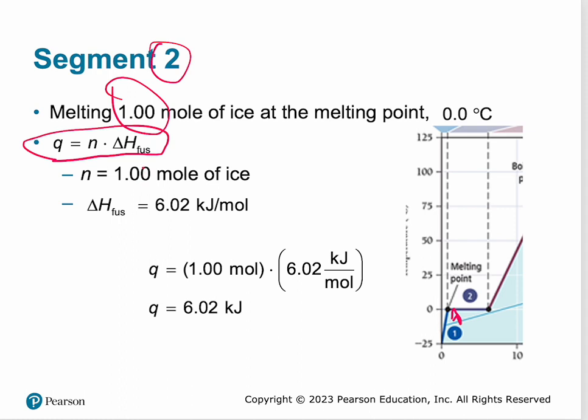So N again is 1, delta H of fusion we reported as 6.02. So the Q would be for 1 mole of the water, and delta H of fusion for 1 mole is 6.02 kilojoule. So this Q from here to here would be 6.02.